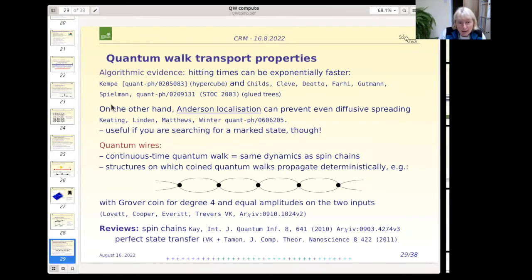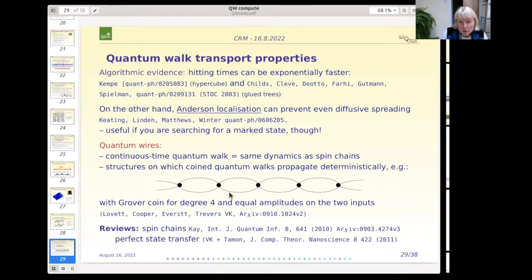But we also have the knowledge that search is essentially Anderson localization, which can prevent even the diffusive spreading. So if you have disorder in the lattice, you don't get transport at all. You get the walk clustering around the disorder points. This is useful if you're searching, though.